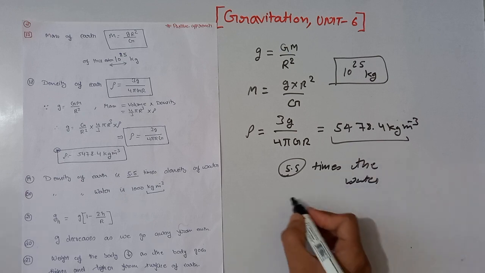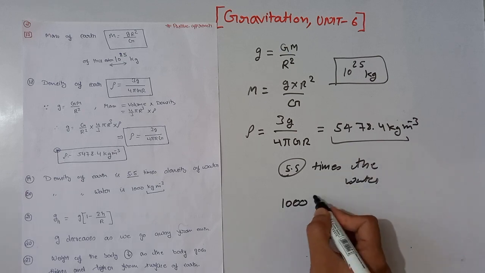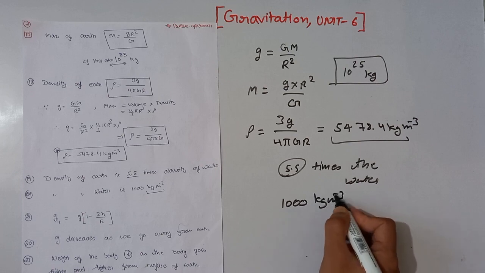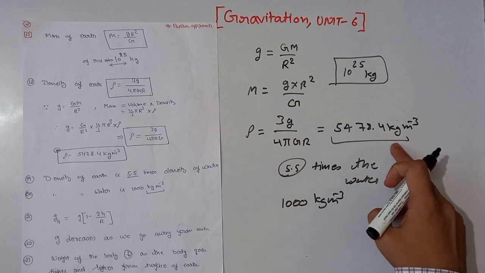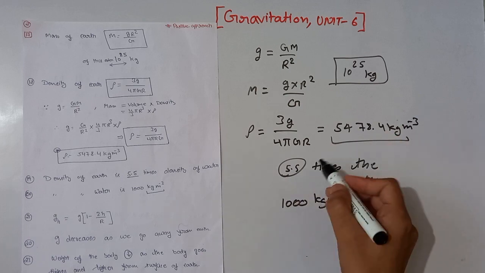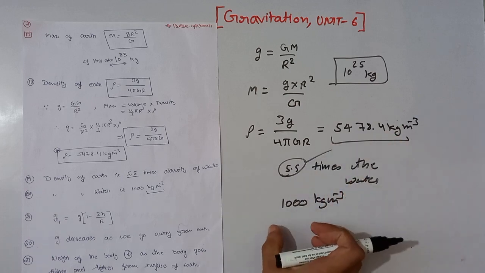And we know that the density of water is 1000 kg per meter cube. So here we conclude that the density of the Earth is 5.5 times the density of water.